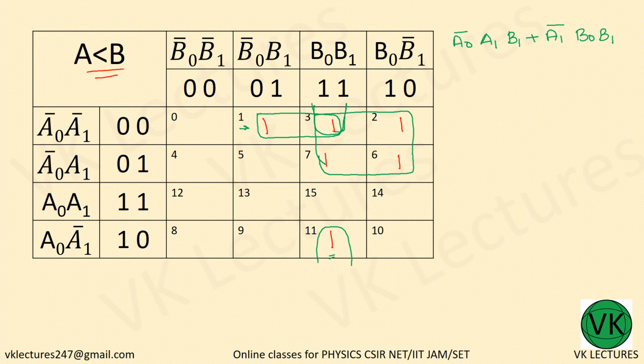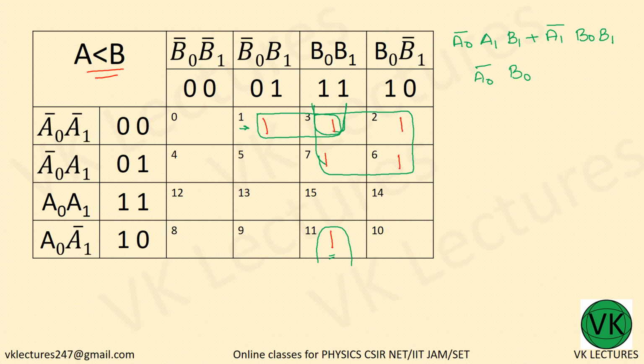In this quad, two inputs will go, b0 b1, b0 b1 bar, so b0 will remain, here a0 bar will remain, a1 bar and a1 will go, so a0 bar will remain, here b0 b1 bar, so b0 will remain, so b0.